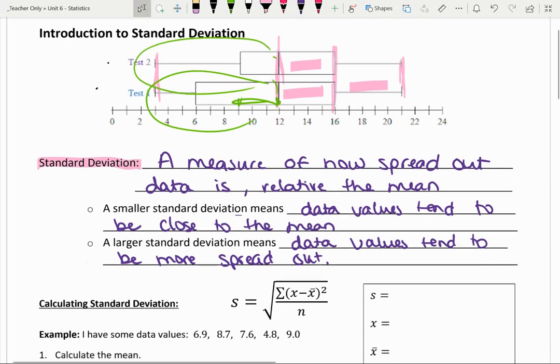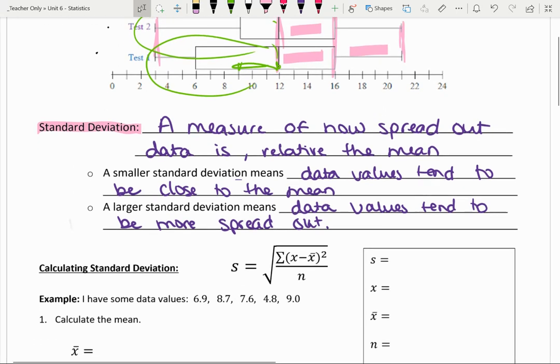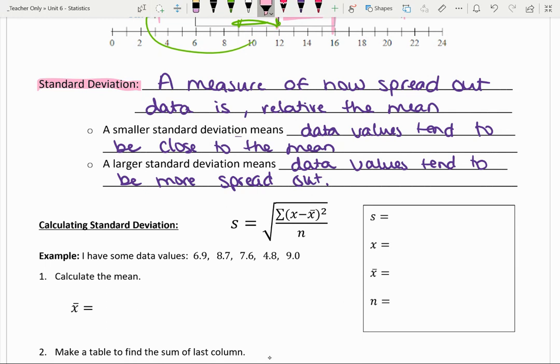So standard deviation is not just a phrase about values being more spread out, but it's an actual mathematical calculation. So we're going to talk about how to calculate standard deviation.